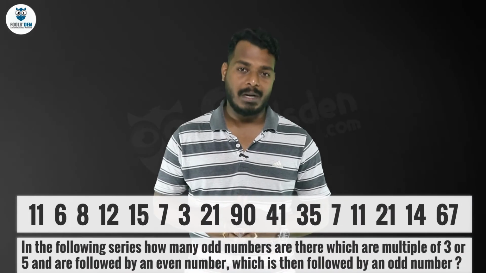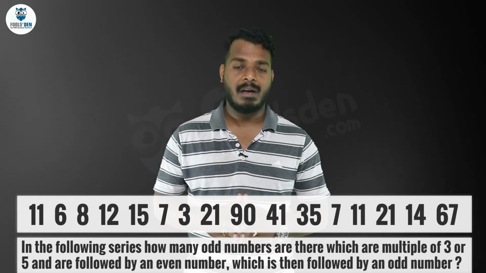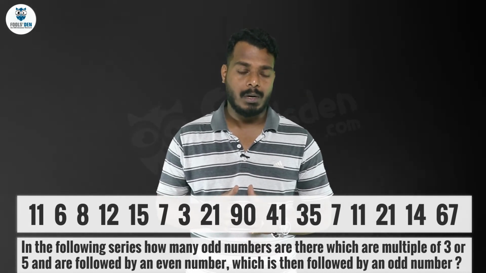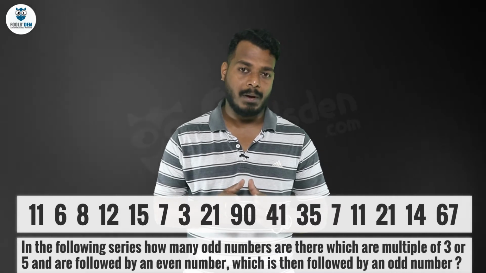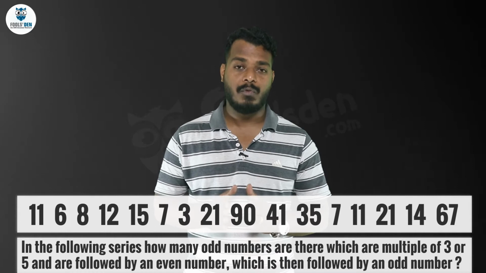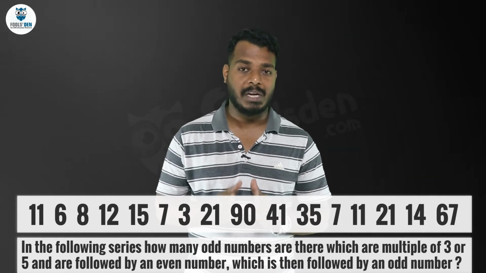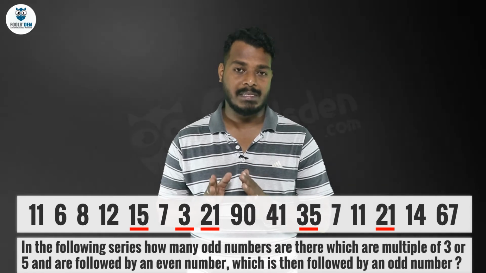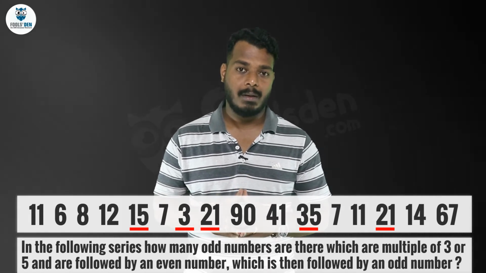Question number 4. The question reads, how many odd numbers are there which are a multiple of 3 or 5 and they are followed by an even number which is followed by an odd number? So first you look for odd numbers which are multiples of 3 or 5. It happens at all these places, like all these numbers which we have marked here, right?